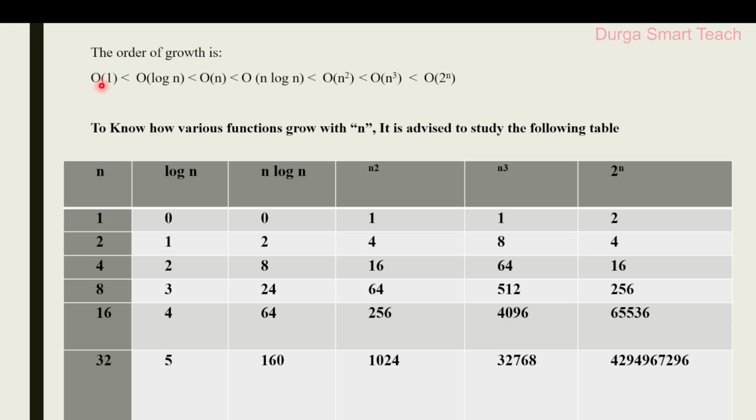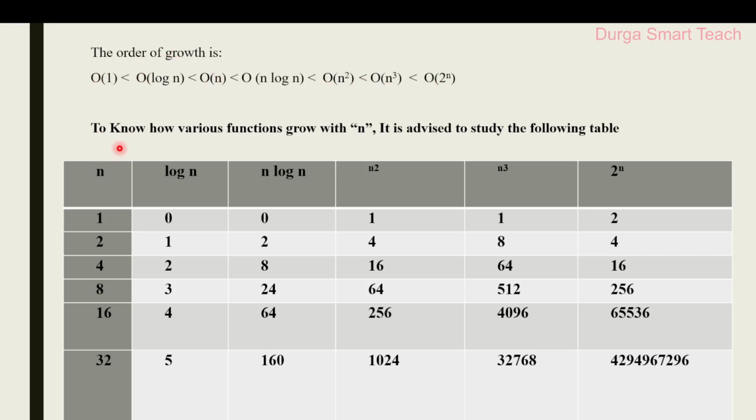So constant is less than logarithmic, logarithmic is less than linear, linear is less than linear logarithmic, and linear logarithmic is less than quadratic, quadratic is less than cubic, cubic is less than exponential. Okay, so like this, I hope it is understandable.